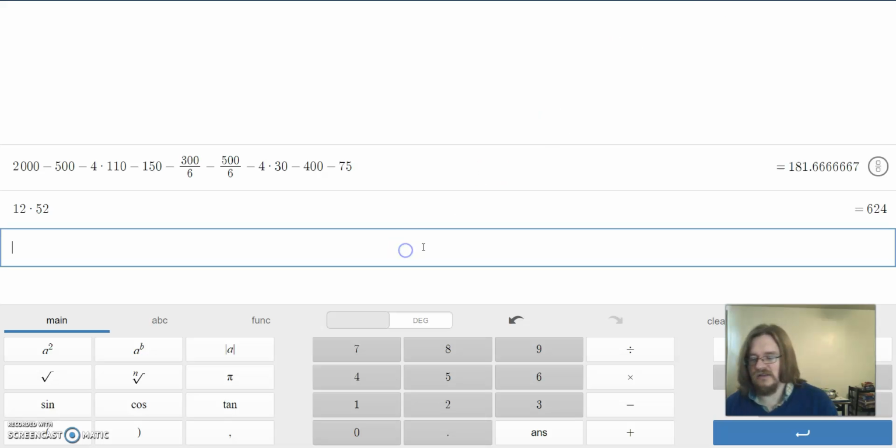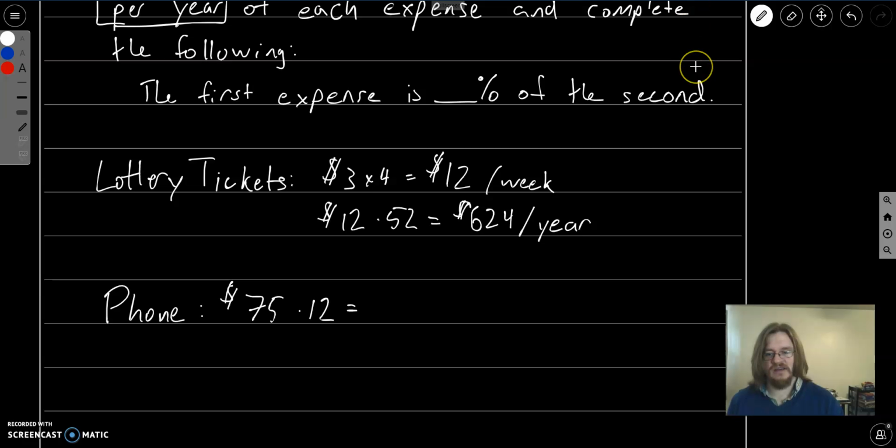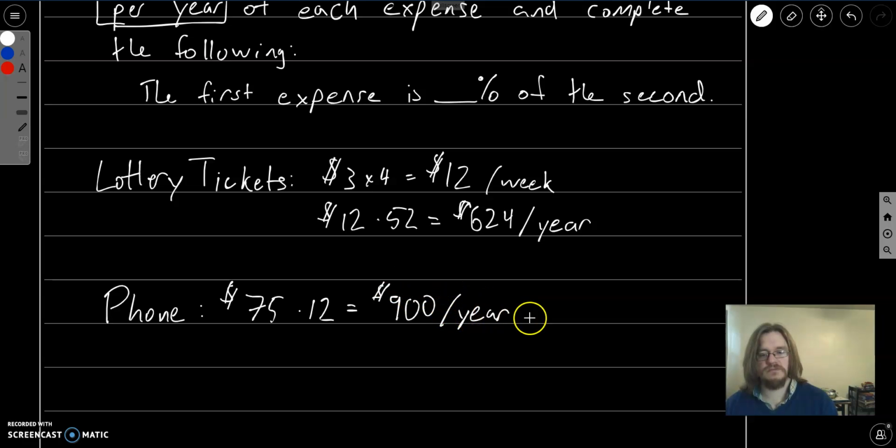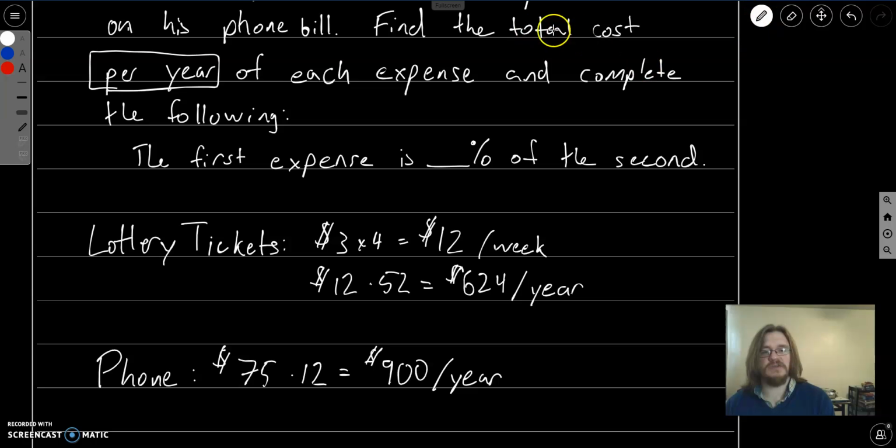And again, if we have $75 times 12 months in a year, that adds up to $900 each year. Cool. So we found our total yearly expense, the total cost per year of each expense.